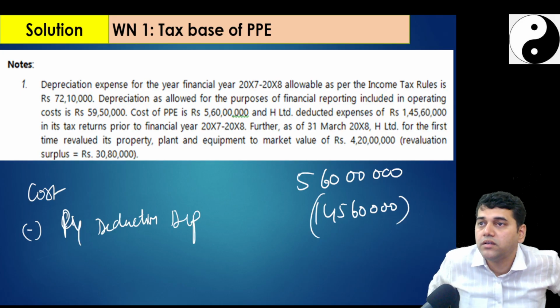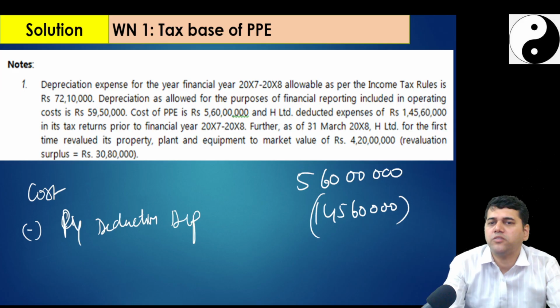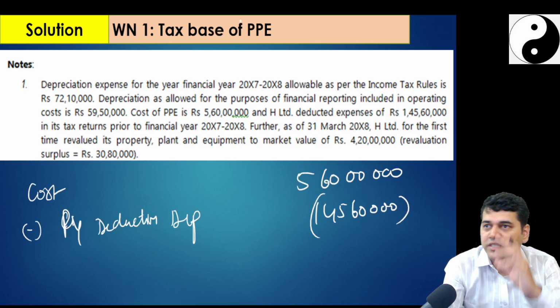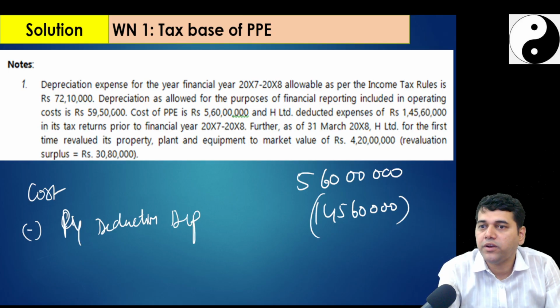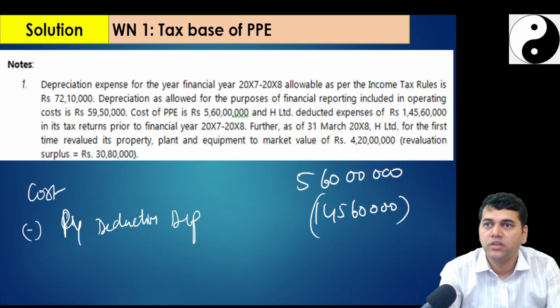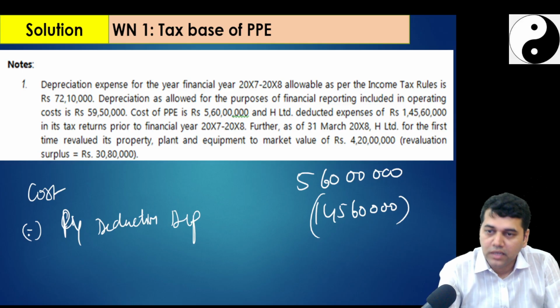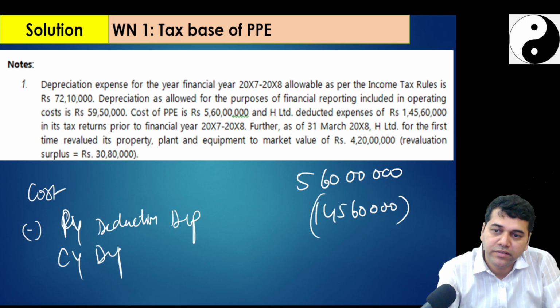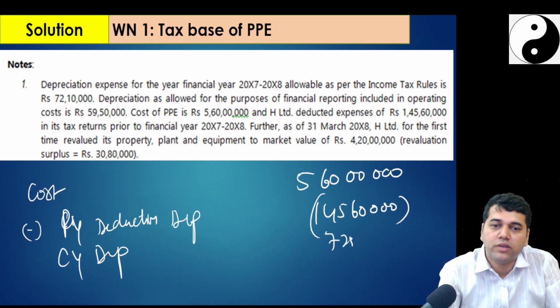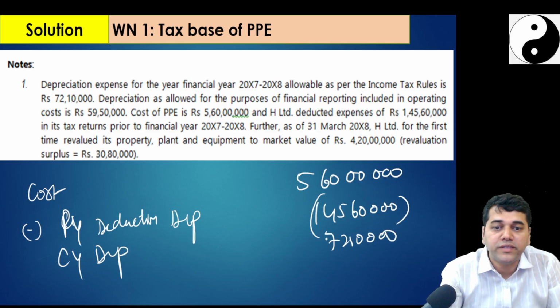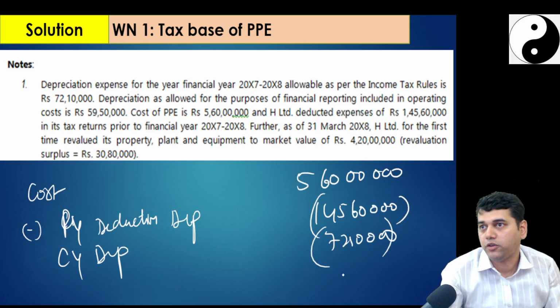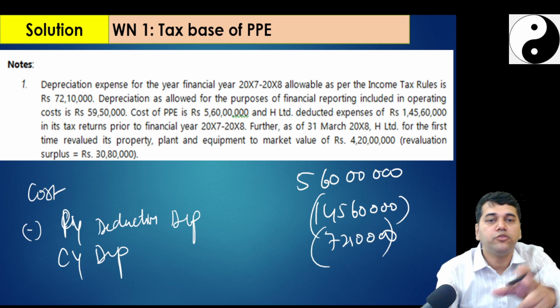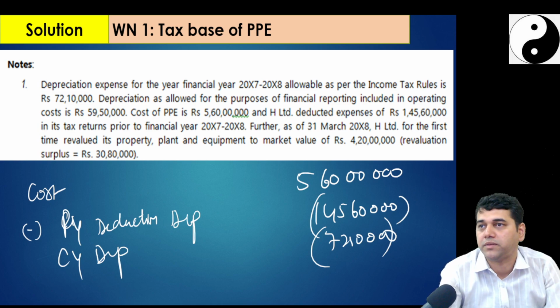Random expenses, okay. When did you purchase this PPE? Have you not charged any tax? 17.72 lakh 10,000 is current year, no. So I will assume that this must be the accumulated depreciation. Less current year depreciation, how much? 72 lakh 10. If they would have told me 72 lakh 10 is the cumulative value of depreciation, then I would have assumed that 1 crore 45 lakhs is the random expense.